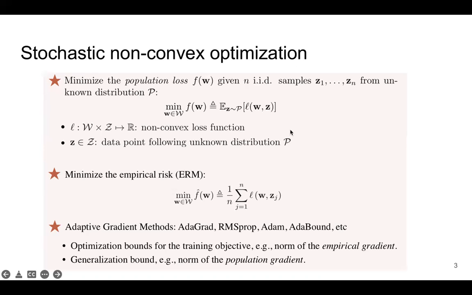Because the distribution P is unavailable, it is a challenge to directly solve this population risk problem.